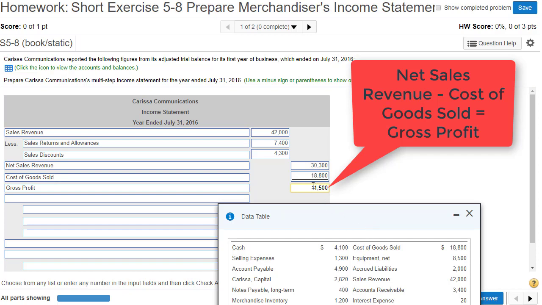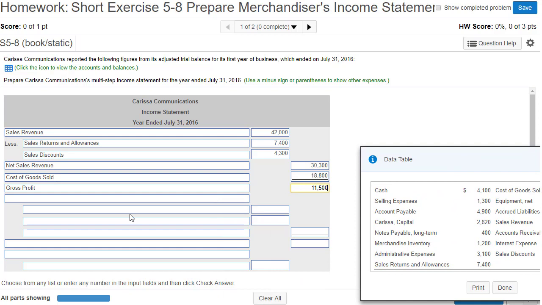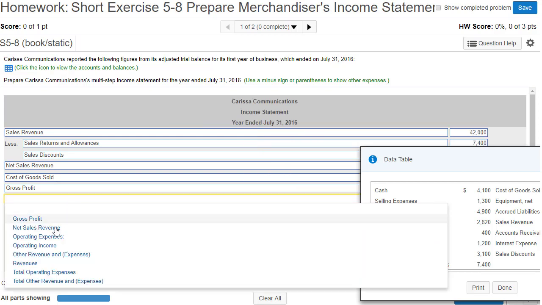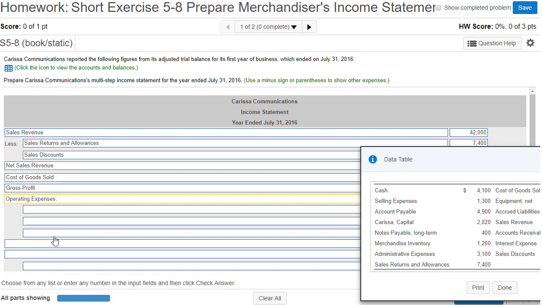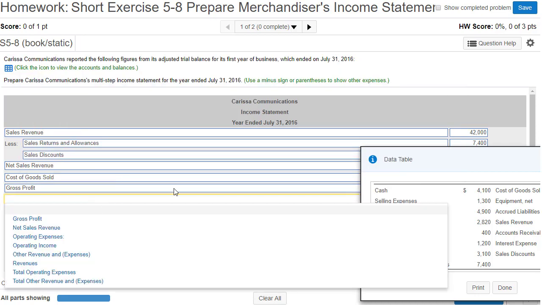This means the profit before any of the other expenses. Once we get our gross profit, then we can subtract all of our other expenses. And one way that companies categorize these expenses is they label them as operating expenses. The main expenses to operate the company.